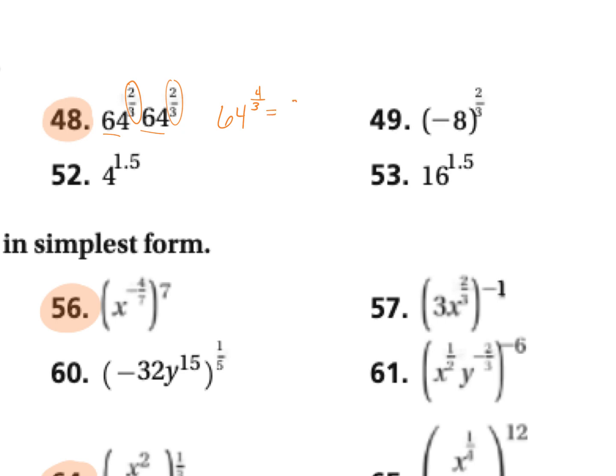So this is going to be the cube root of 64, and then take that to the 4th power. So if you were to plug this into your calculator, the cube root, so math 4 of 64 is 4, and then take 4 to the 4th power, and you get 256.